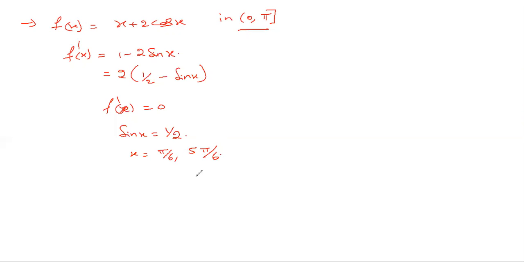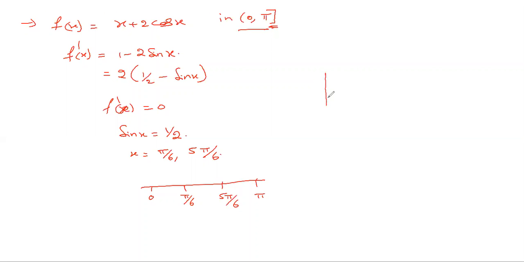Now consider a number line, arrange pi by 6 and 5 pi by 6 and moreover pi also and 0 also, because 0 and pi are the boundaries of the interval.